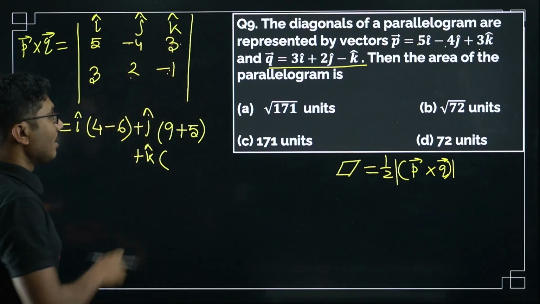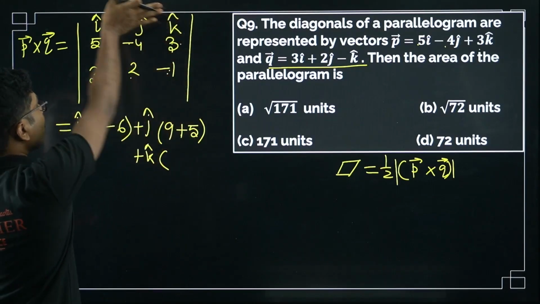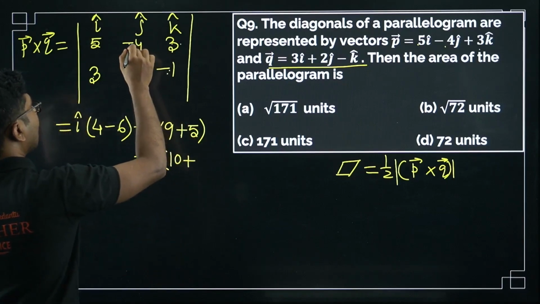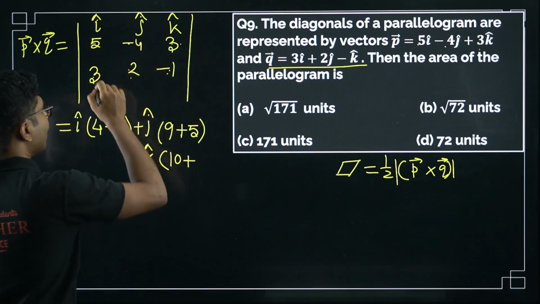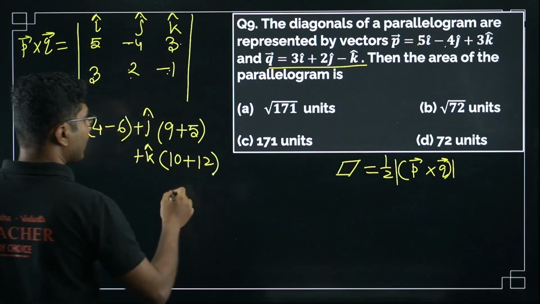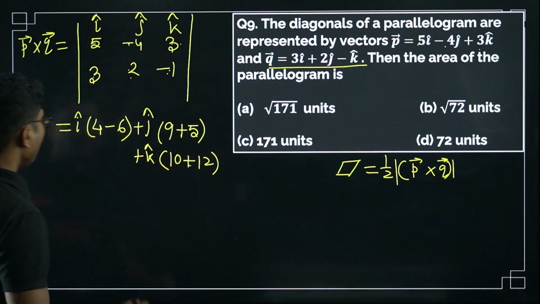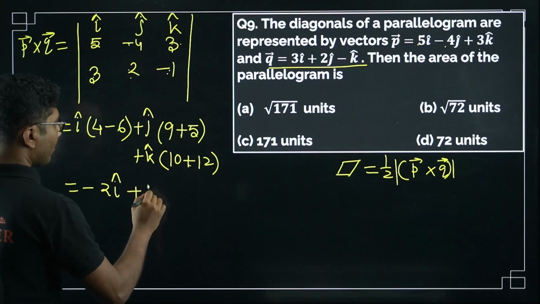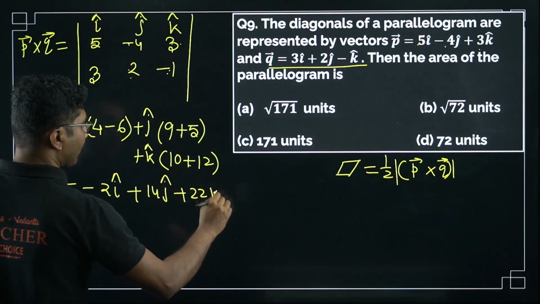That is also fine, but I like to use the conventional method. For k you cover this: 5 into 2 is 10, plus minus, there is a minus, so that's why I put plus, 3 into 4 is 12. This plus is because of minus times minus. Now what is the value? Minus 2 i cap plus 14 j cap plus 22 k cap.